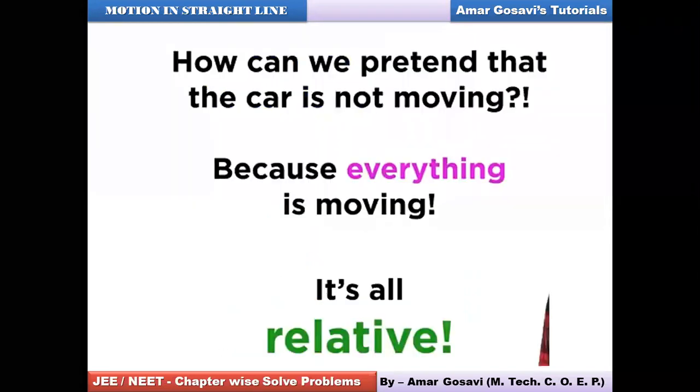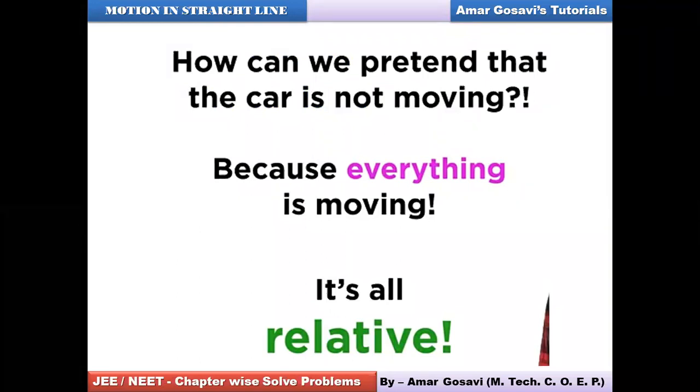Friends, now these are certain questions which may come to our mind. How can we pretend that the car is not moving even if the car is moving, because everything is moving? The answer is it's all a relative concept. It will depend upon observer to observer, situation to situation.